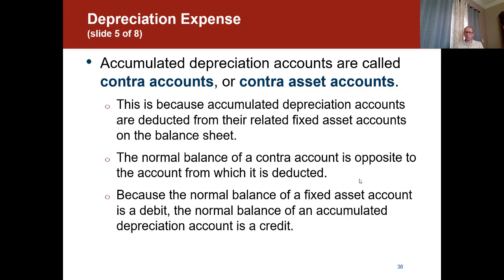For example, if we have a building and we subtract from it accumulated depreciation for the building, that's a contra asset account and it has a credit nature. So the normal balance of a contra account is opposite to the account from which it is deducted. Because the normal balance of a fixed asset account is a debit, the normal balance of an accumulated depreciation account is a credit.